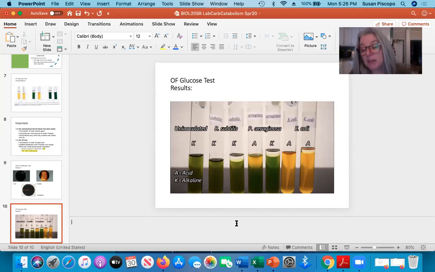And remember that when we meet, for example, on Wednesday, if you have questions about what's in the lab manual, jot it down, and we'll talk about it on Wednesday after you've had a chance to think about these questions for a day or two. We can certainly talk about the lab manual questions together, because I want everybody to have the best chance to get those correct and get those 5 points on each one of those.